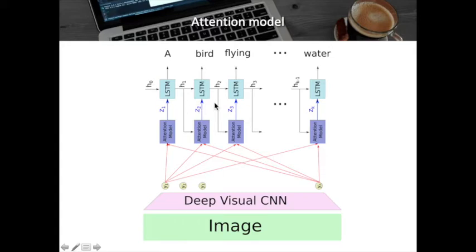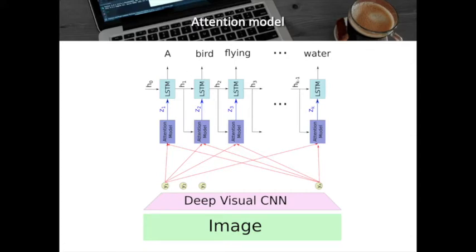So therefore, now we select the relevant part. We focus on a specific part of the image using HI as our context, right? So for example, H1 is going to be our context for our attention model.